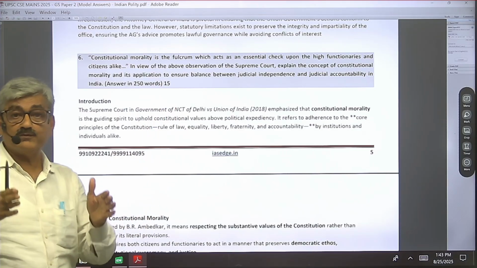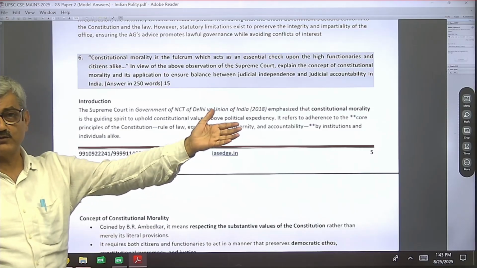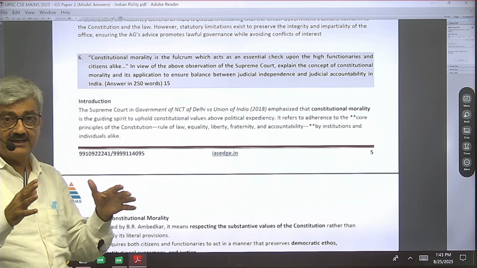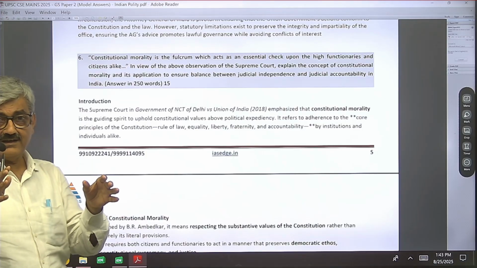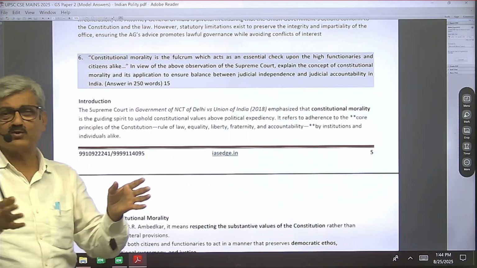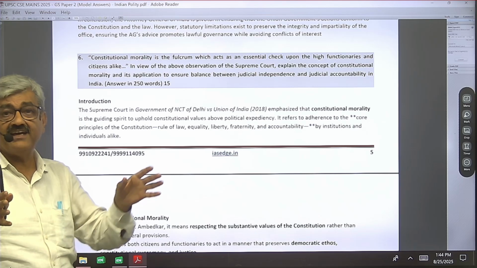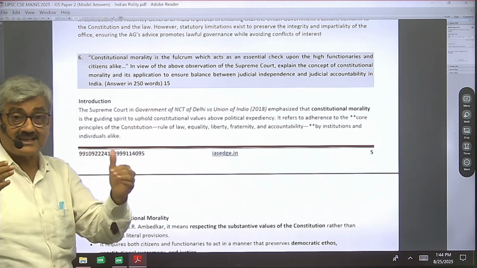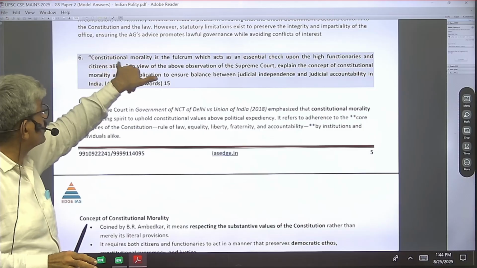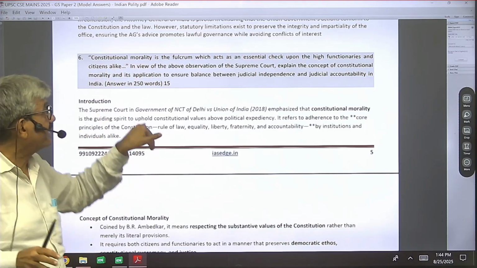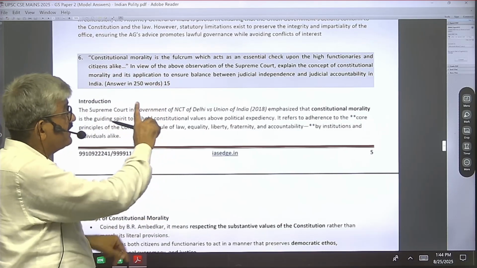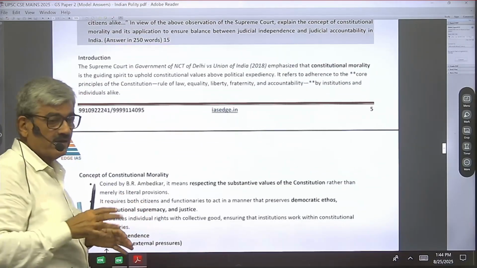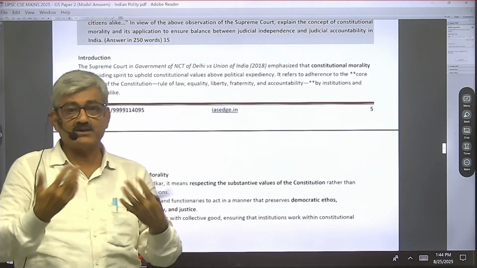And the values in India can be different from the values of the USA or the UK. There are certain universal moralities also, but politically it is country specific. To that extent, we are supposed to adhere to constitutional morality, and it is an essential check upon high functionaries and citizens alike. This is important, and the Supreme Court itself has propounded it.